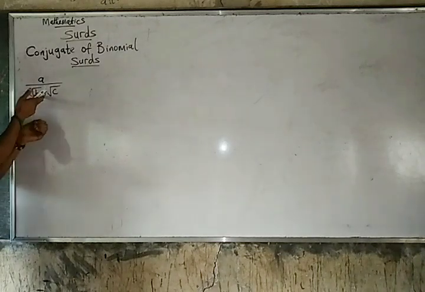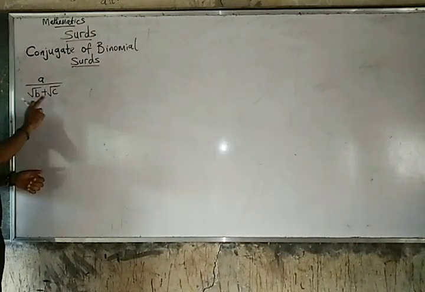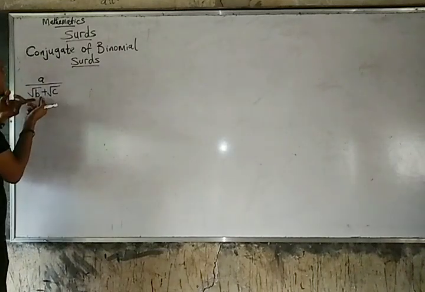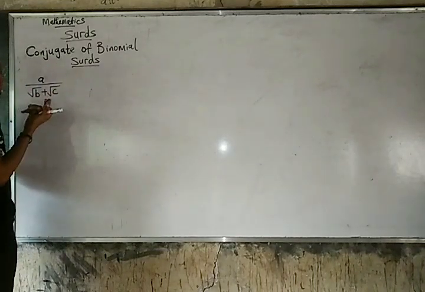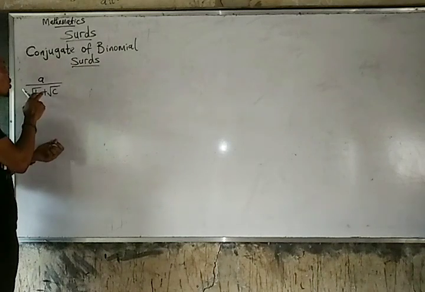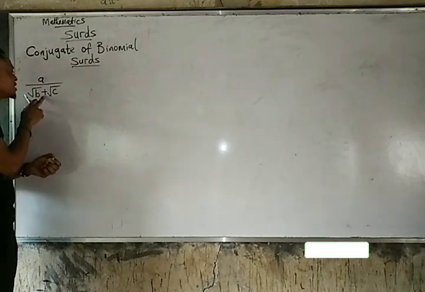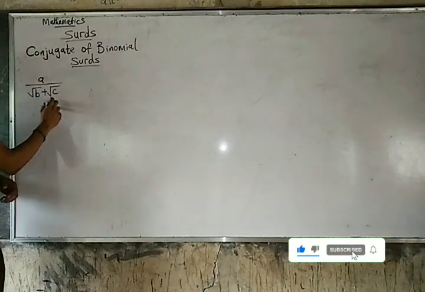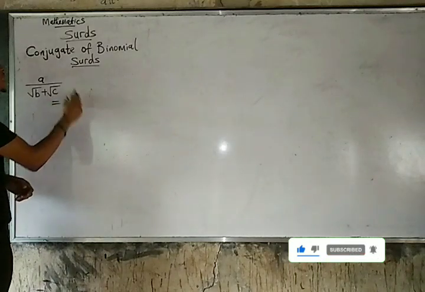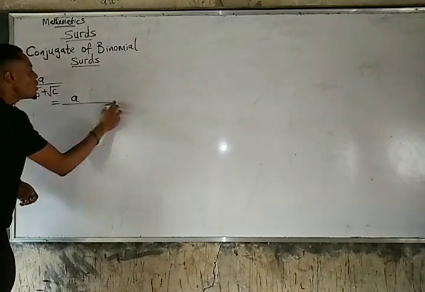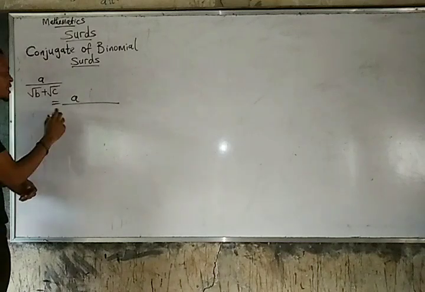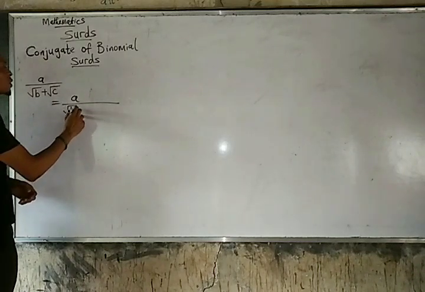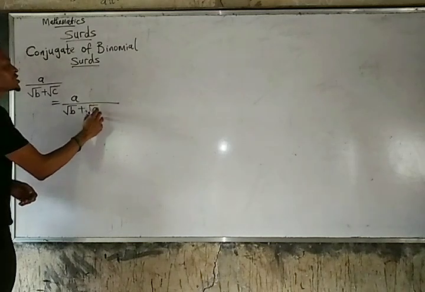So as this is addition, we are going to multiply both the numerator and the denominator by the function we have at the denominator position, of which we are going to change the addition sign to subtraction. Now this will result in having a all over what we have here, which is root b plus root c.